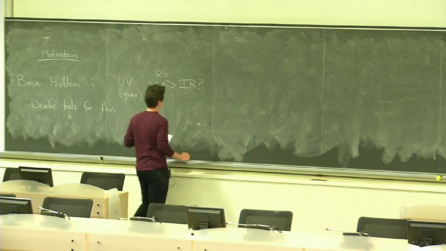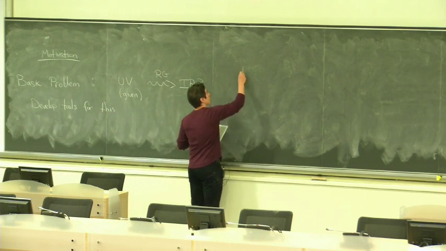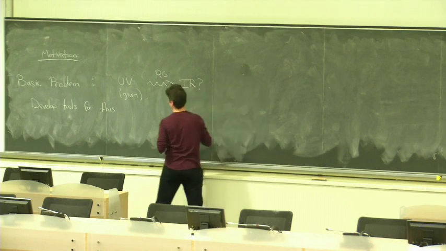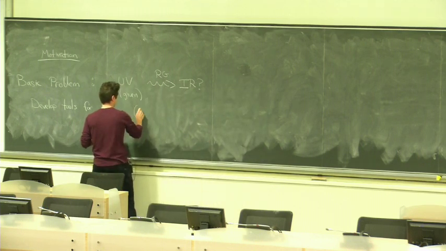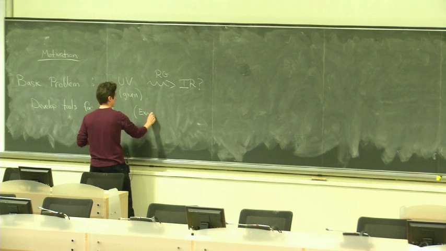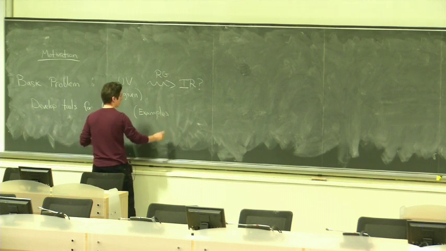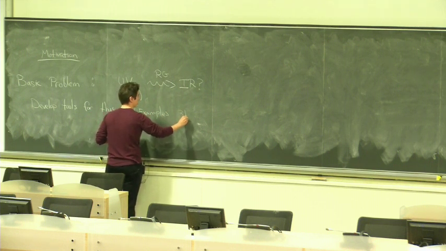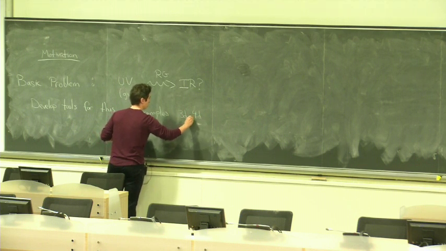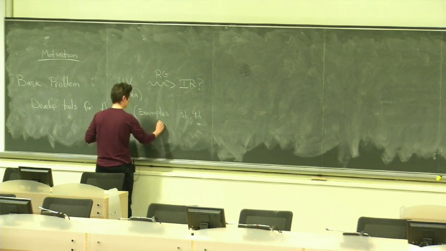So what kind of typical examples will we be studying? Typical examples that we are most interested in will be 3D and 4D gauge theories.